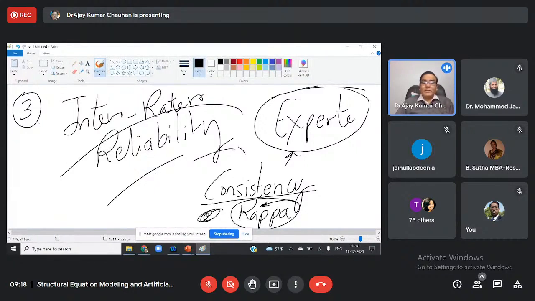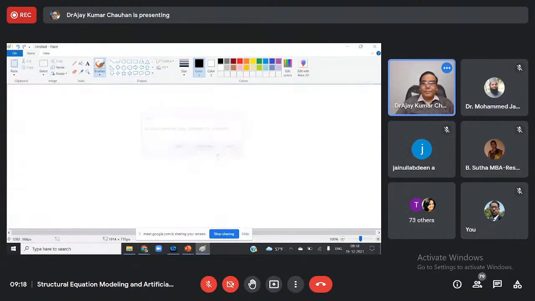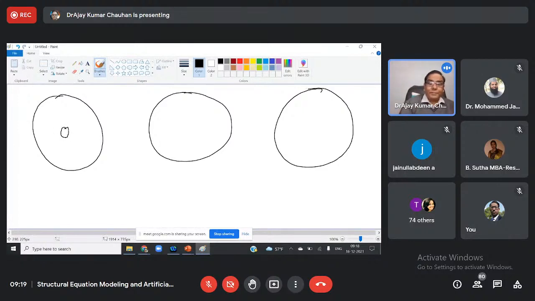After understanding the reliability, I'm telling you one more basic difference between reliability and validity. Suppose there are 3 diagrams, and this is the bullseye. In this diagram, this is the false reason, and this is the true reason.